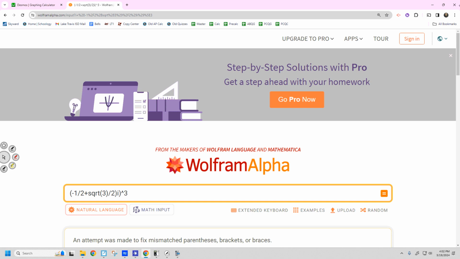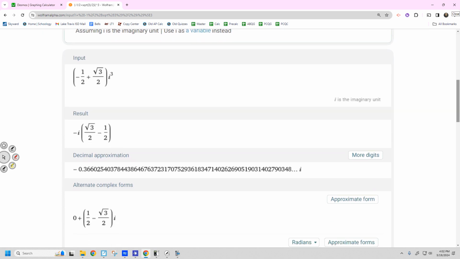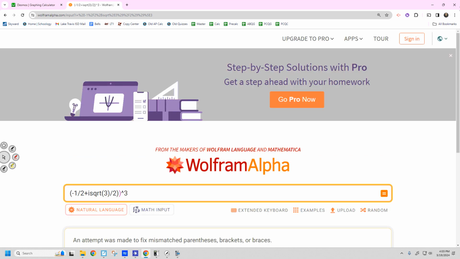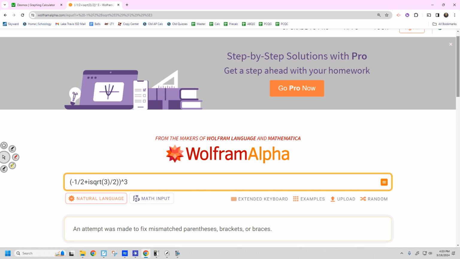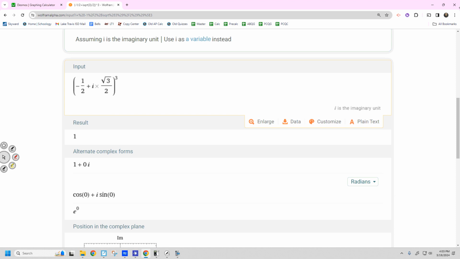Now, thank you, Wolfram, for being capable of doing this. Something happened. I need to put i in front of the square root. Boom. Look, negative a half plus root 3 over 2 i, cubed. Doing all the math gives us 1.